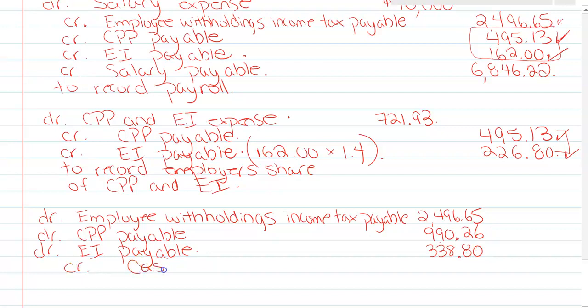And then I can pay my cash, I add all those up, of $3875.71, which is exactly what it showed me on that remittance form on the online payroll. So I'll just say to record payment to CRA, which is just Canada Revenue Agency.